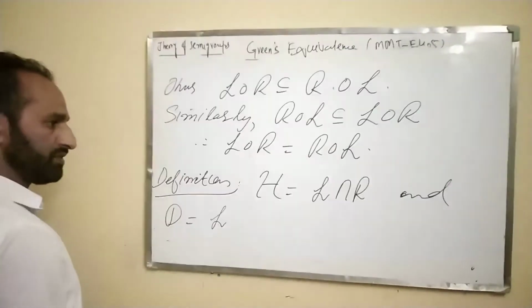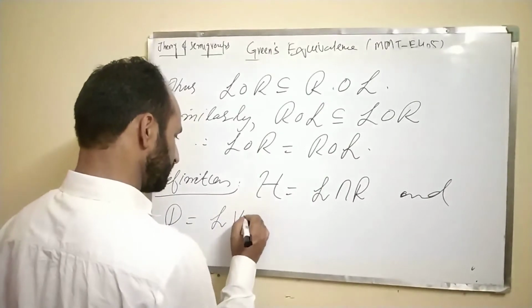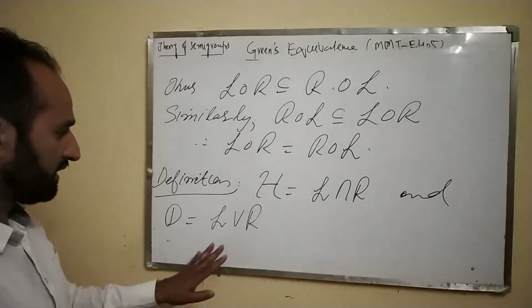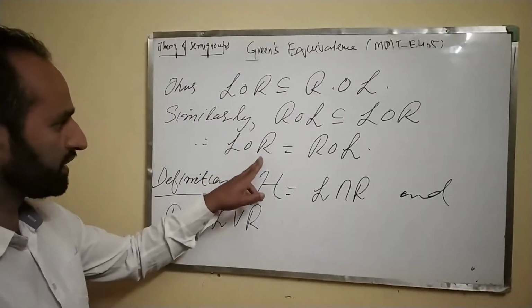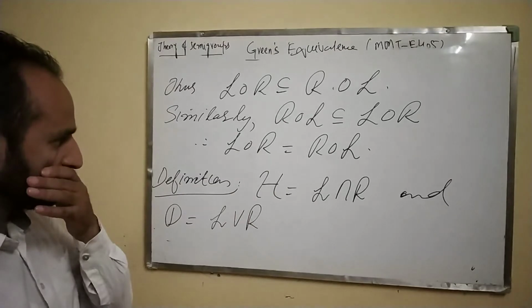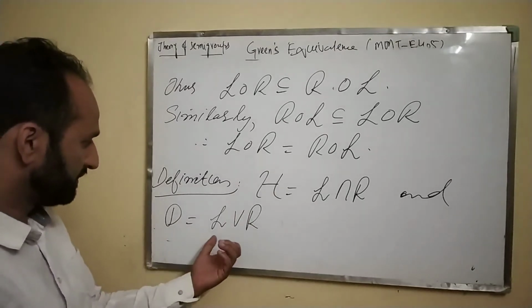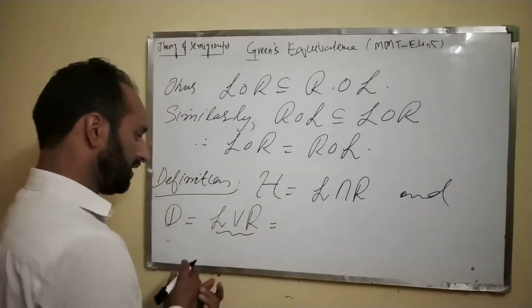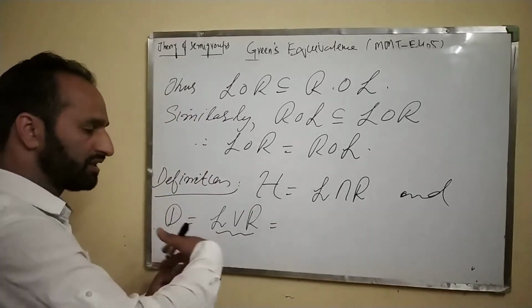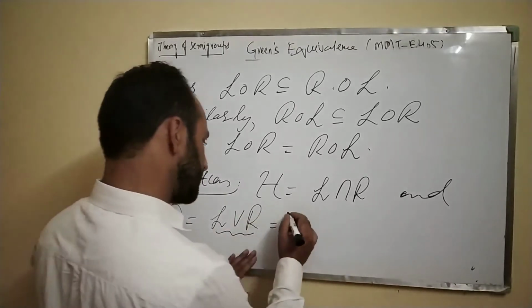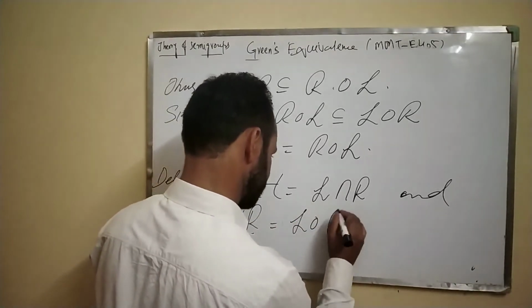The intersection is a meet. Since L composition R is the same as R composition L, we have seen in one of our previous lectures that for relations which commute with each other with respect to composition, the join is actually equal to the composition.